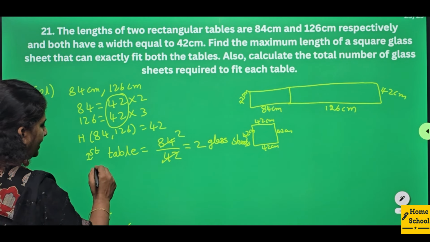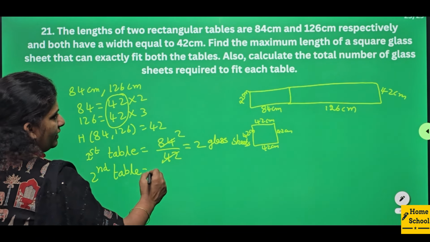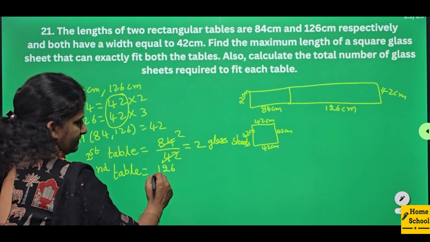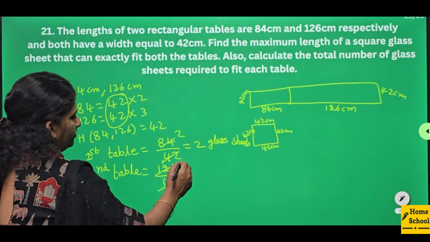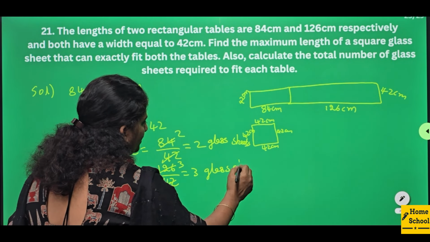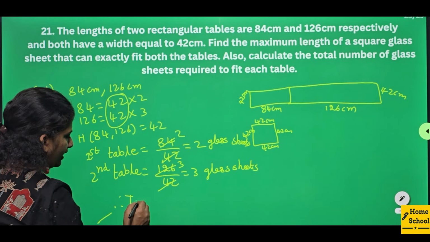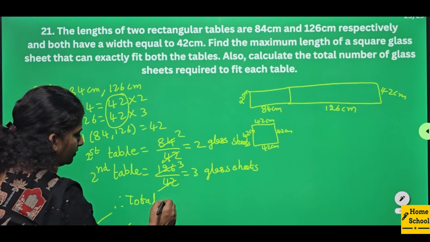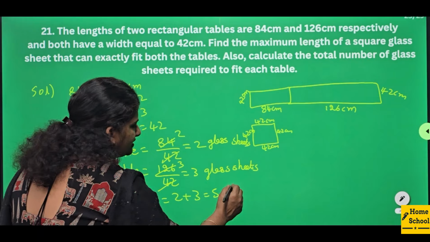Coming to the second table. The length of the second table is 126 by 42. 42 3s are 126. Therefore, 3 glass sheets are needed for the big table. Therefore, in total, 2 plus 3, 5 glass sheets are needed.